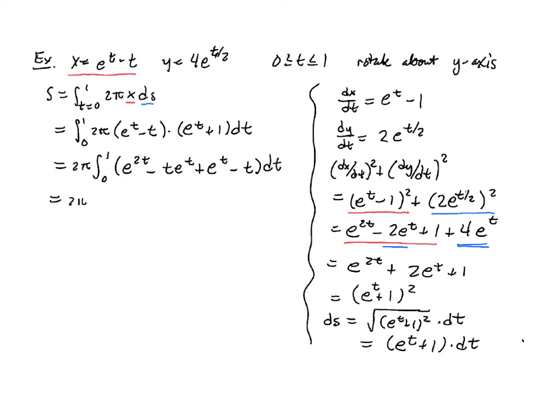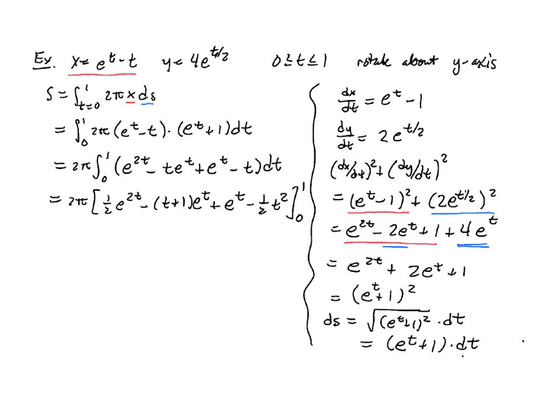And that's 2 pi, and we'll integrate piece by piece. 1/2 e to the 2t minus, one has to do a little bit of integration by parts or memorize this formula, but here we get (t plus 1) e to the t plus e to the t minus 1/2 t squared, evaluated from 0 to 1.